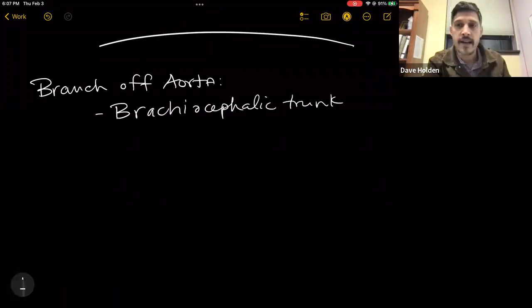So the brachiocephalic trunk, if you look at that name, what's it telling you? Brachy or brachio, what does that word refer to? Like brachii.